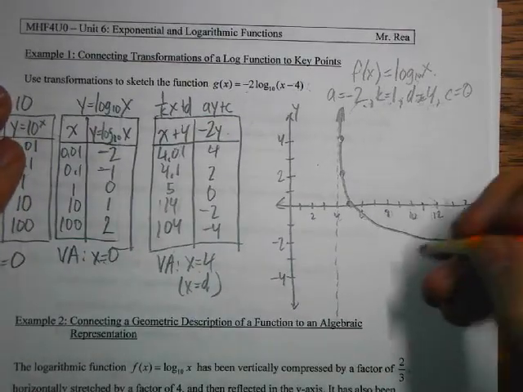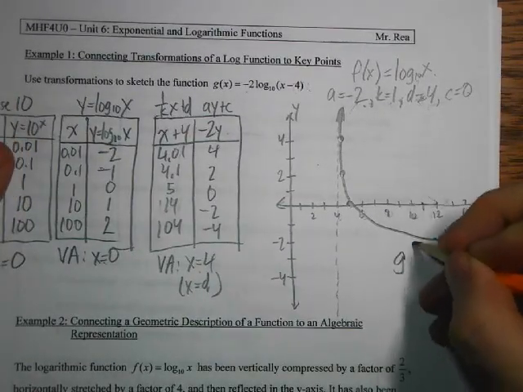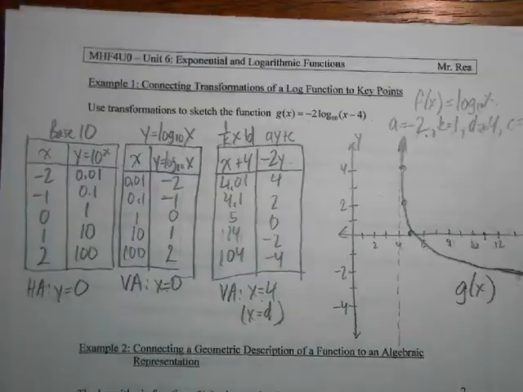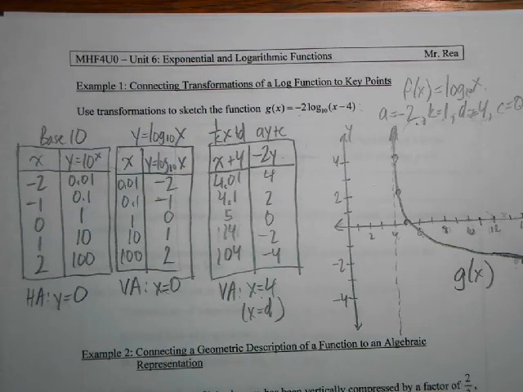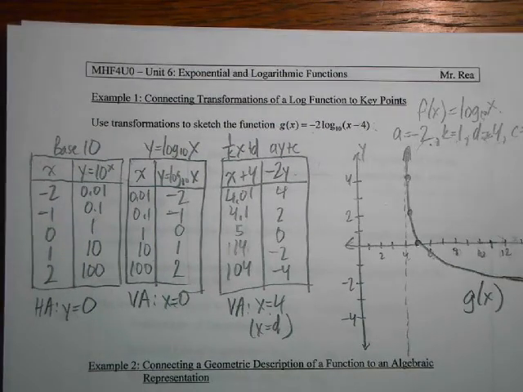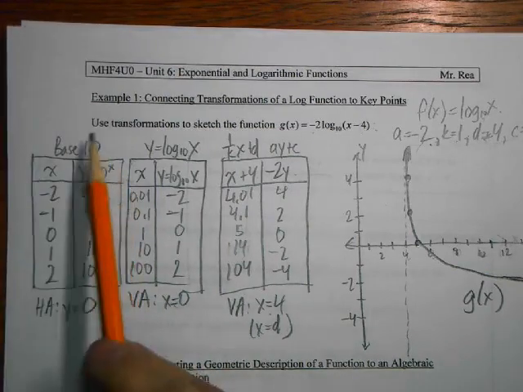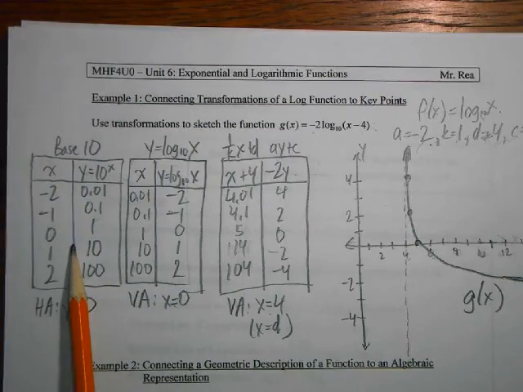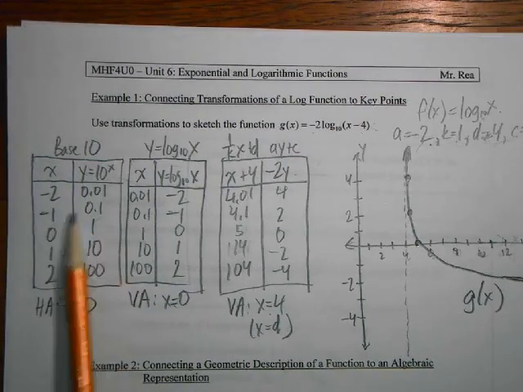Okay, so this would be the graph of g of x. Hopefully that makes sense. The big change for base point transformations for log functions is you have to start with the related exponential function. It's a lot easier to get these points and then flip the x and y values.